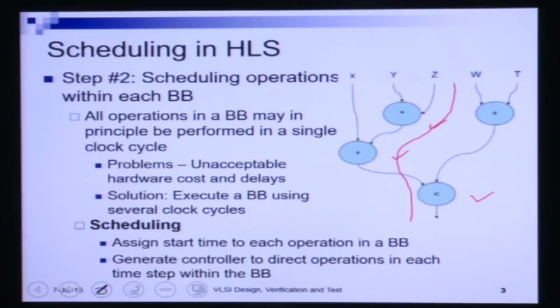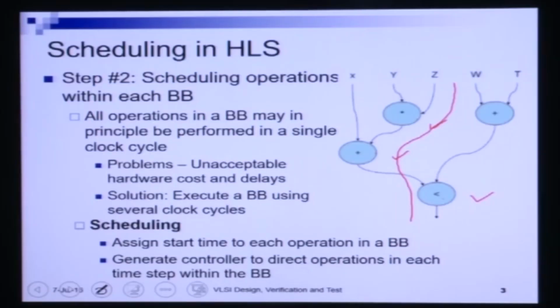For example, this path has 3 operations, this plus this plus this. So, this is a critical path. Now, the clock cycle has to be at least big enough so that all 3 operations can be performed in sequence through this basic block, right.